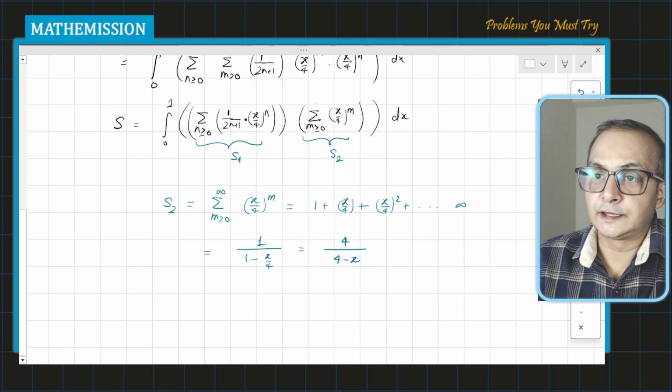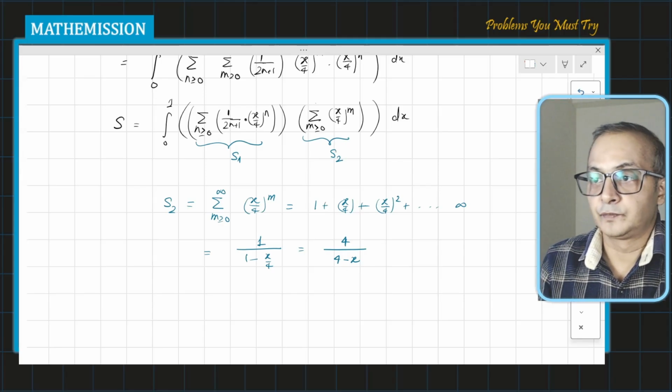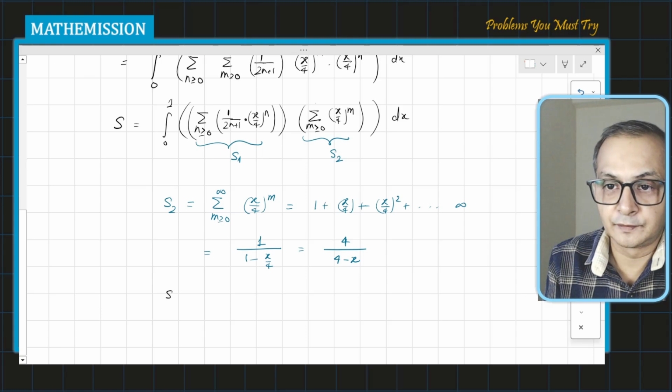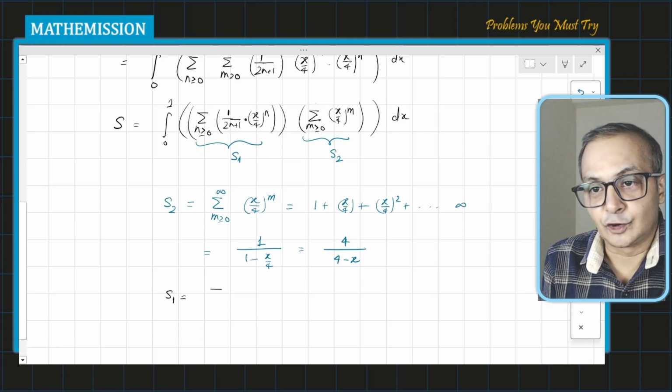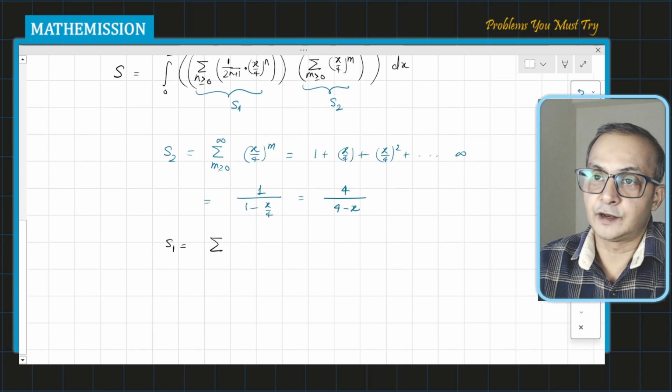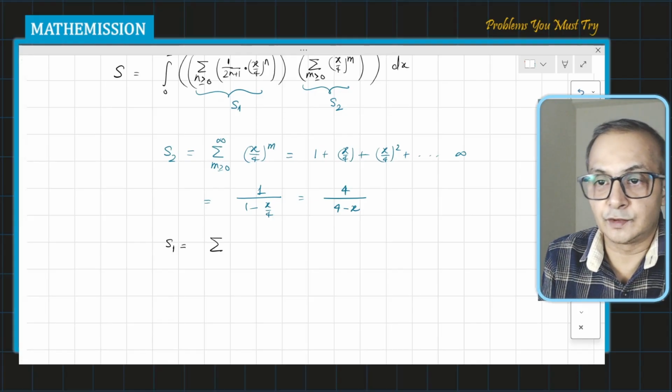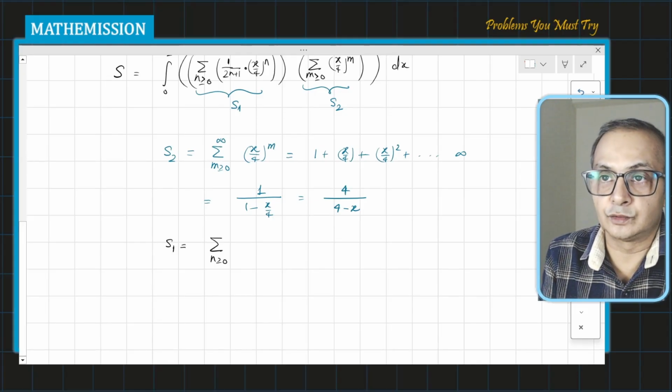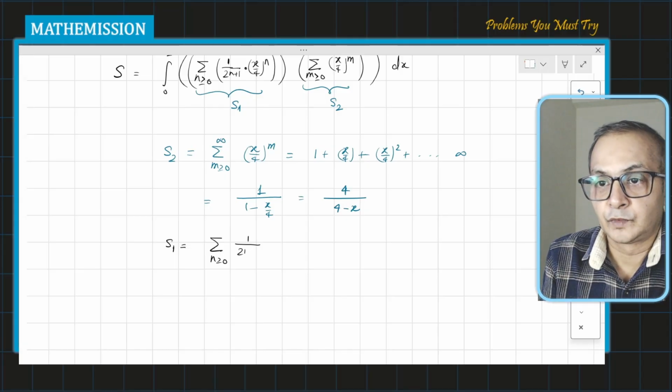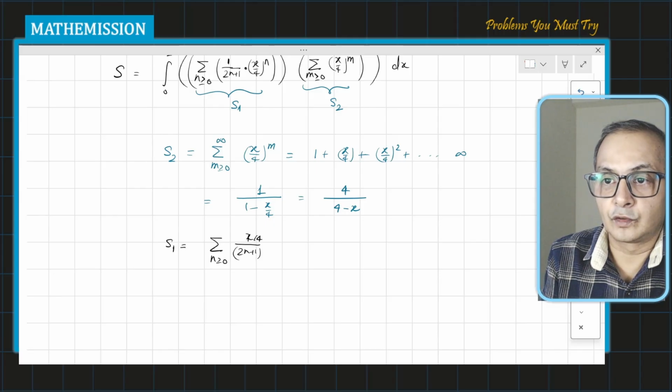Now again we take S1, and S1 is a little bit challenging and also interesting. It's fun to do, so let's do it. S1 is summation n goes from 0 to infinity, and this is nothing but 1 by 2n plus 1, and here x by 4 to the power n.